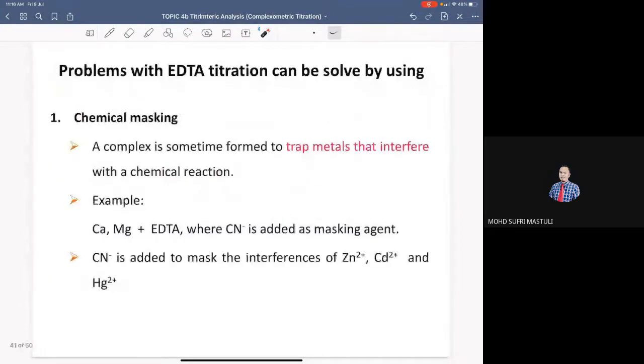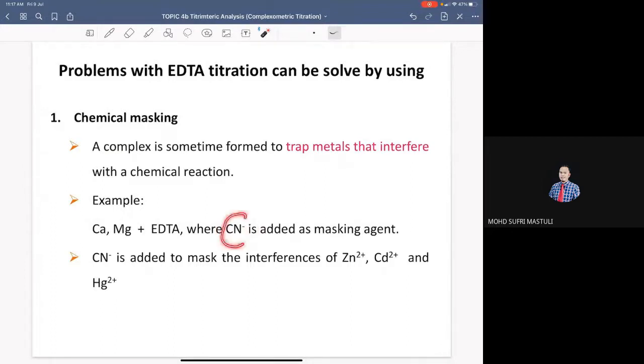Problems with the EDTA titration can be solved by using chemical masking. A complex is sometimes formed to trap metals. So the complex formed will trap metals that interfere with a chemical reaction. For example, if we have calcium, magnesium, and EDTA, we will add CN- as the masking agent.